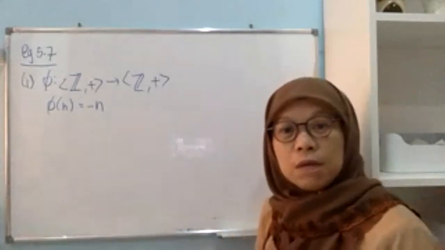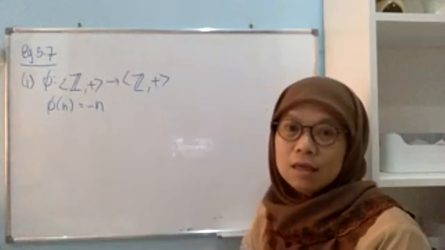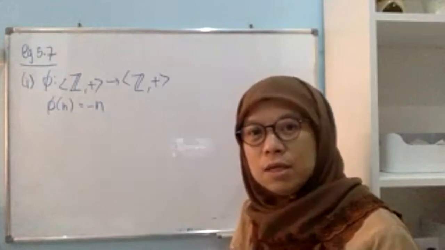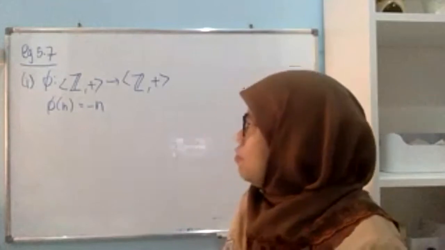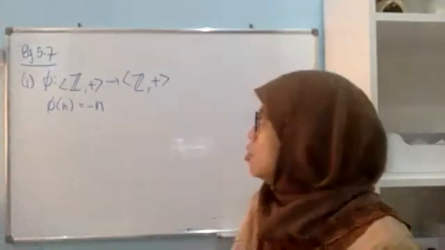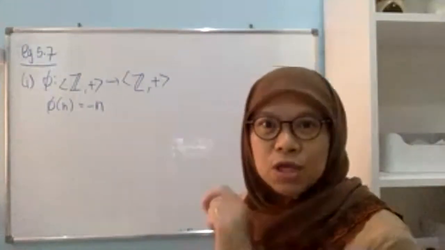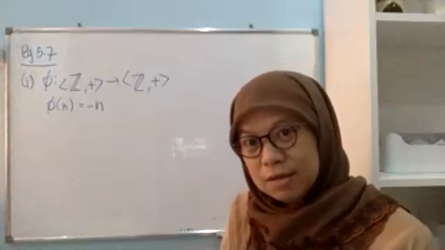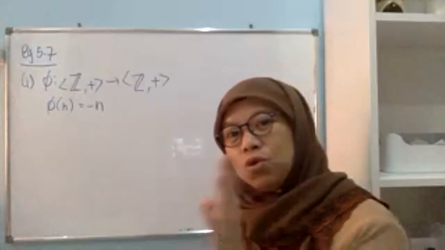Before we do some calculation, let's do some thinking. You have to read one by one. You are given phi is from integers to integers, so you're thinking of the whole positive and negative integers, mapping to also integers.